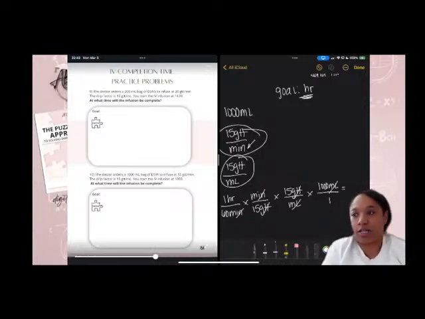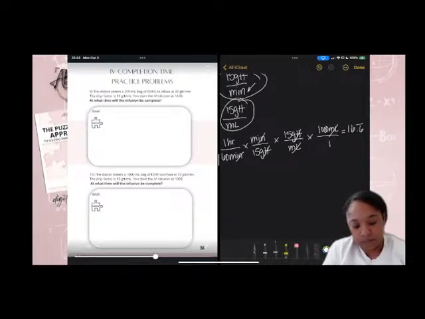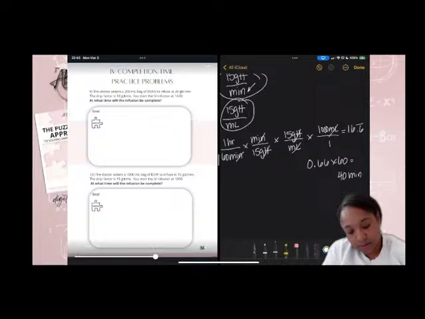It doesn't have to equal anything. So 15 times 1,000 divided by 60 divided by 15. 16.6 repeating, right? So 0.66 times 60 will give us the exact minutes. It's going to be 40 minutes. So 16 hours and 40 minutes.